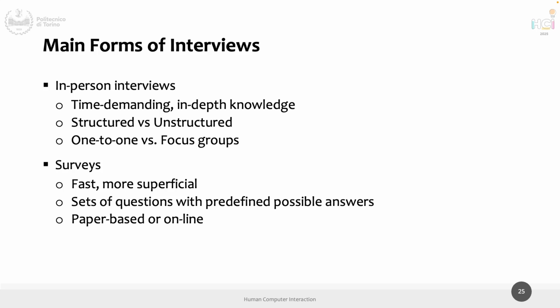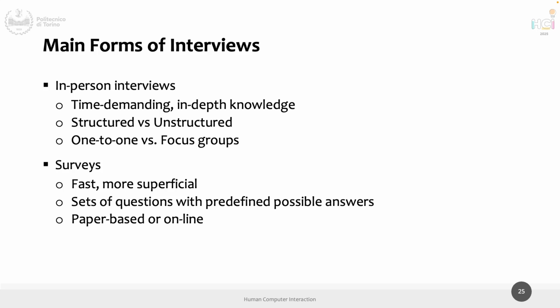And then, of course, there is the middle layer that is semi-structured, in which I prepare some questions as in the structured way, but if there is the opportunity, if there is something interesting to explore, I just come up with a question in that moment that was not prepared before, and that will make it a little bit more unstructured.